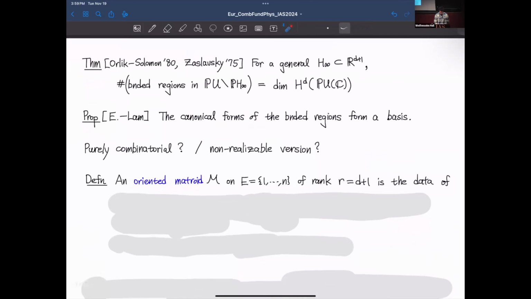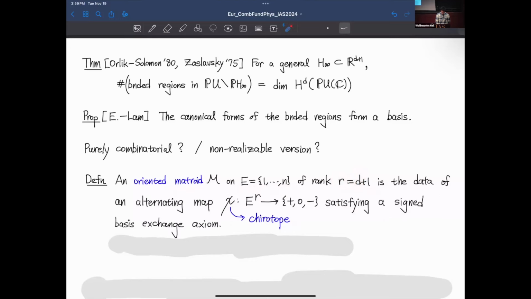So what is it? Well, an oriented matroid, which I'll denote as curly M, on a ground set, let's say a finite set labeled from 1 through n, of rank R, which will be d plus 1, where d usually stands for dimension, is the following data.